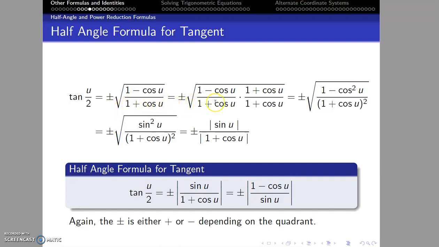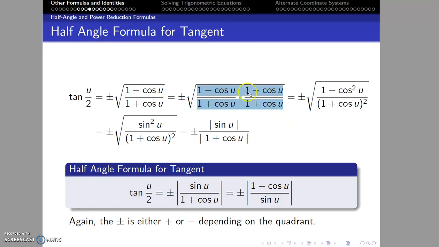We can multiply by the appropriate rationalizing thing. One way to do it is to rationalize the denominator by multiplying top and bottom by 1 minus cosine u. But actually, it's going to work out that if you rationalize the numerator, you end up rationalizing the denominator as well.